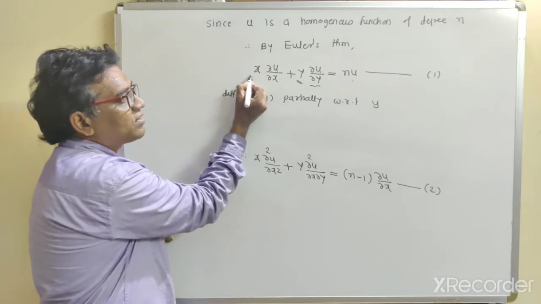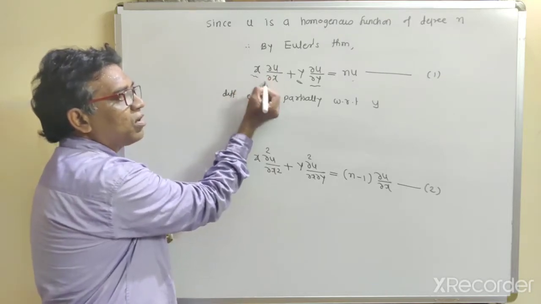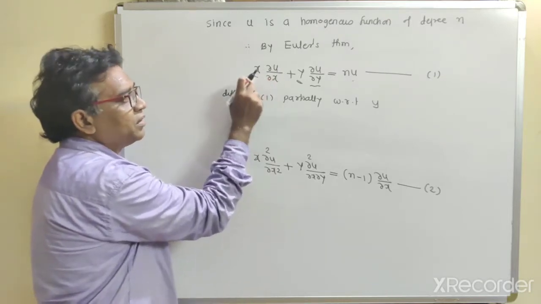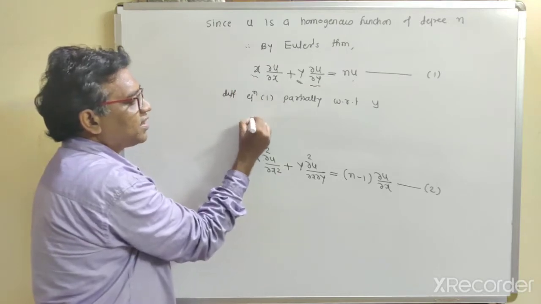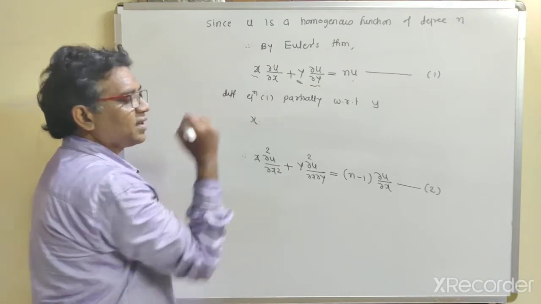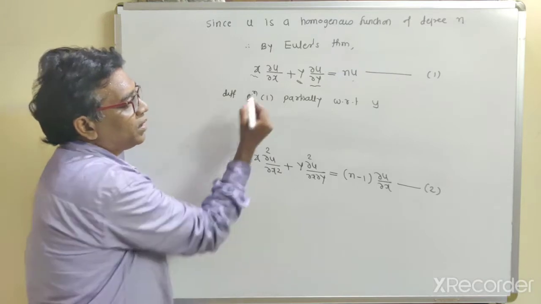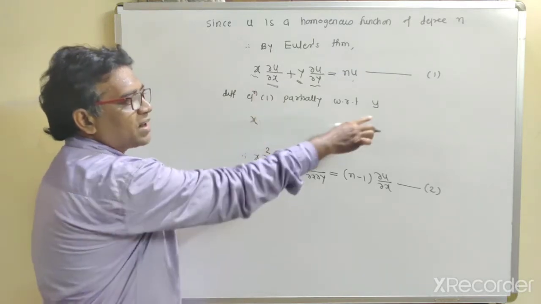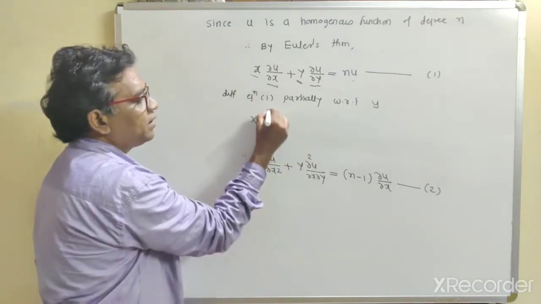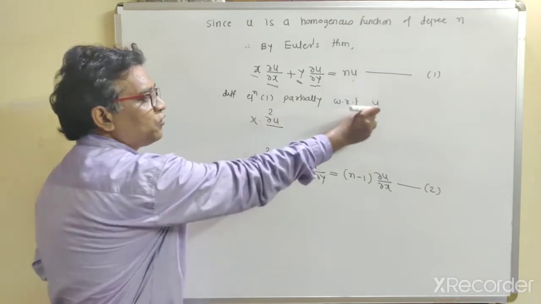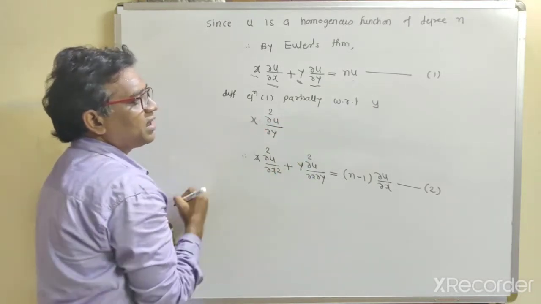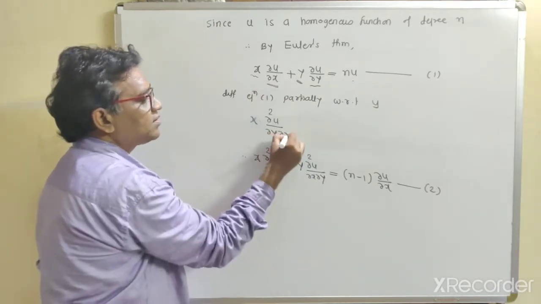So this is the constant term. Now this is not constant, this is the partial derivative. So write the constant as it is, x, into the derivative partially with respect to y, which will be del square u by del y del x.